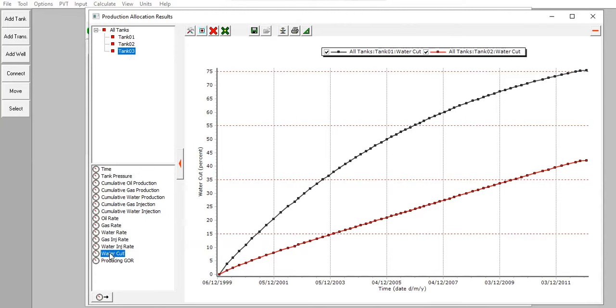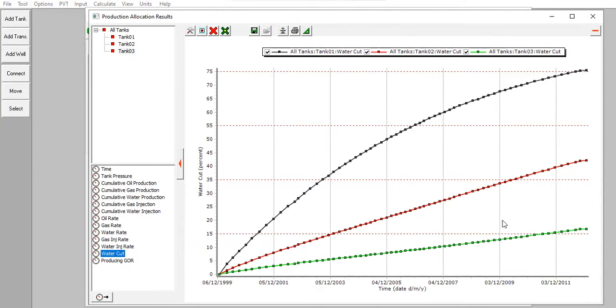Tank 3, all right, the water cut increase shows the lowest rate compared to tank 1 and tank 2. Again, you can do the same plotting technique for other parameters. Okay, so far so good. So we can say that our production allocation is successful.